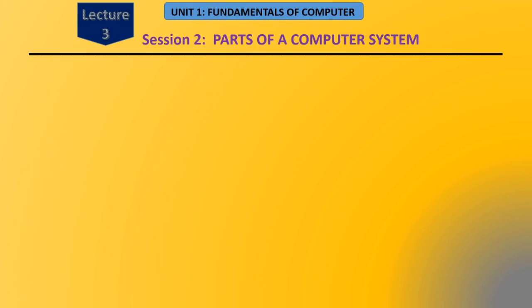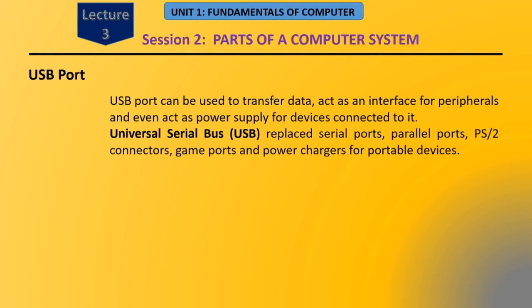Next type is USB port. USB port can be used to transfer data, acts as an interface for peripherals, and can even act as a power supply for devices connected to it. Universal Serial Bus replaced serial ports, parallel ports, PS2 connectors, game ports, and power chargers for portable devices.